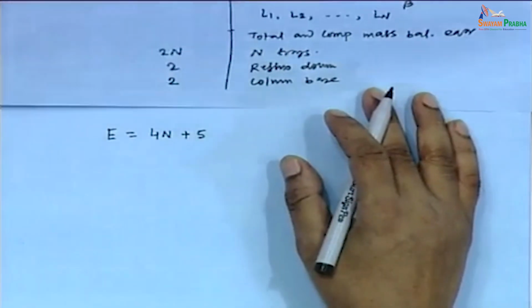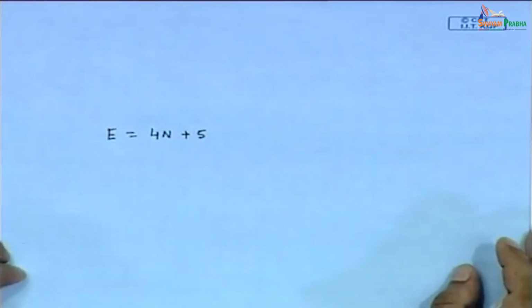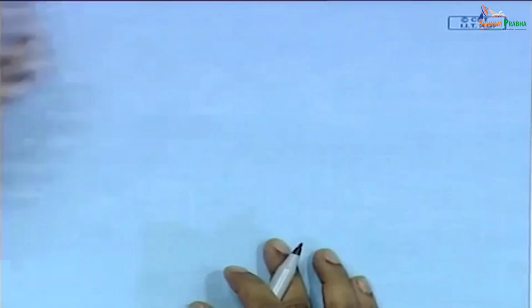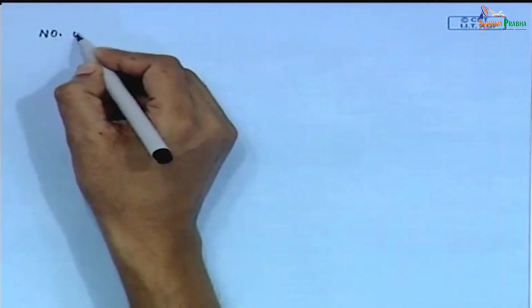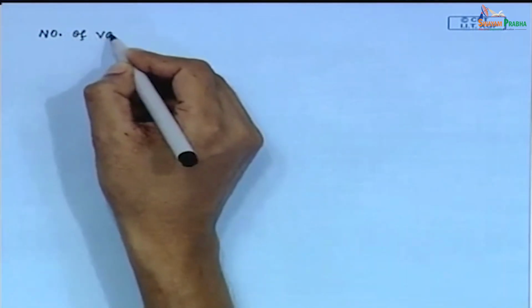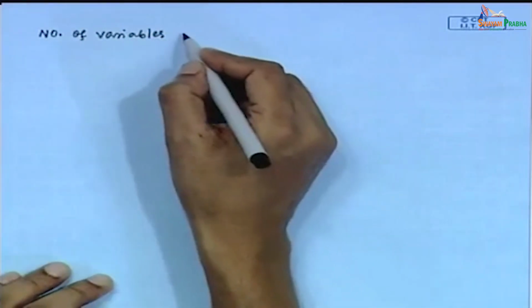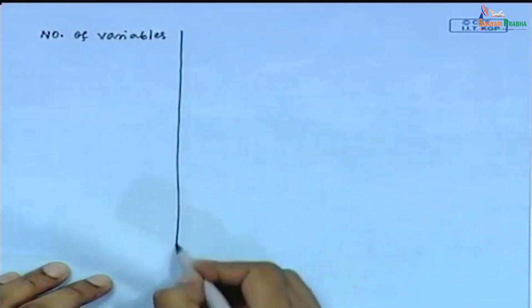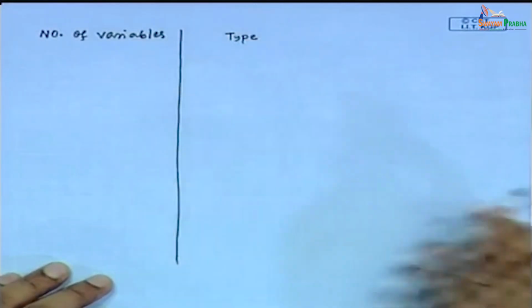So, next we have to find the total number of variables V. We will calculate the number of variables and type of variables.